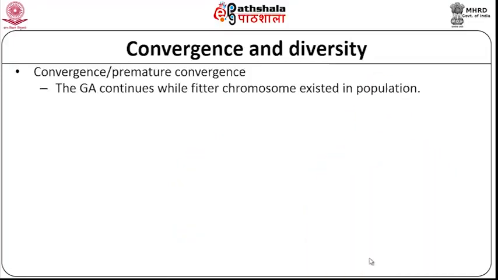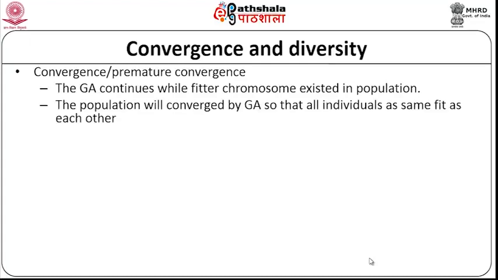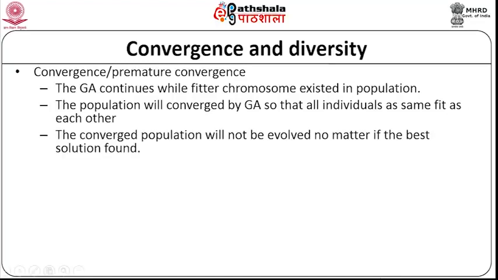So, convergence or premature convergence: the GA continues while fitter chromosomes exist in the population. The population will be converged by the GA, so that all individuals are the same in fitness as each other, but a converged population will not evolve no matter if the best solution is found.